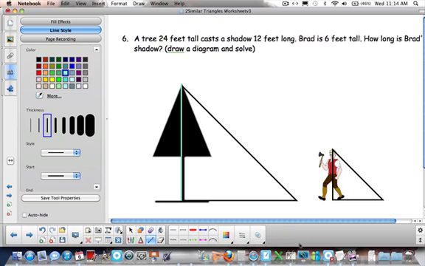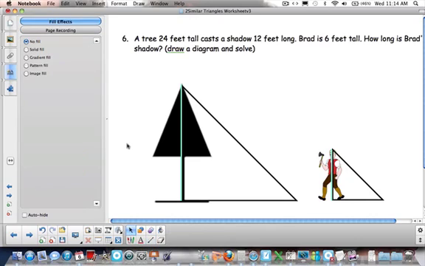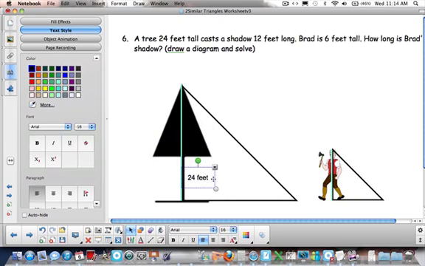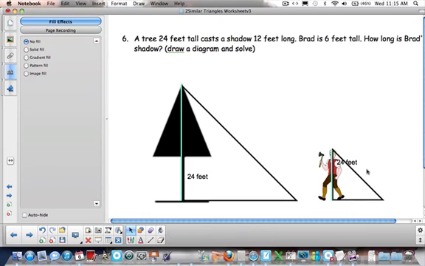So we can label that on there. And we know that Brad is 6 feet tall.